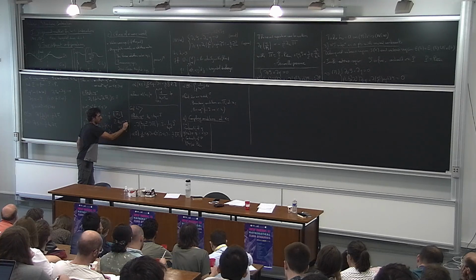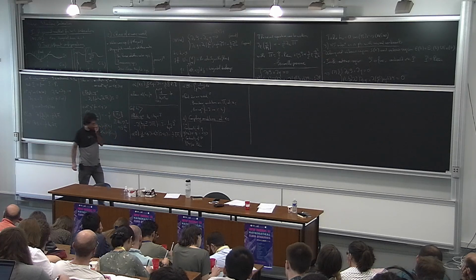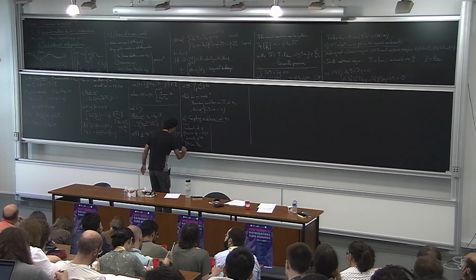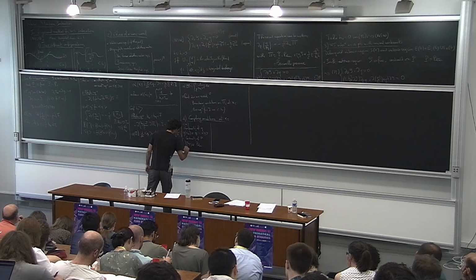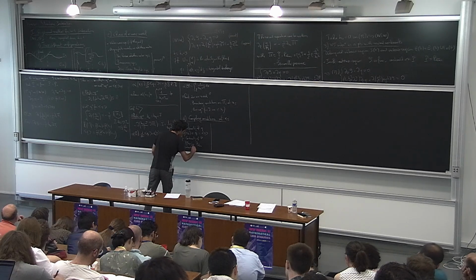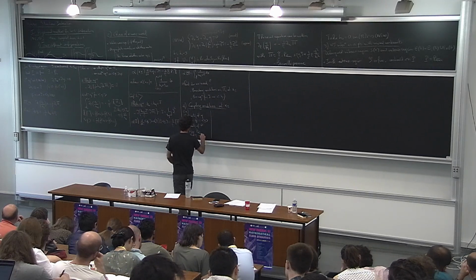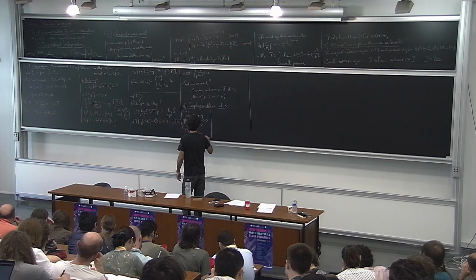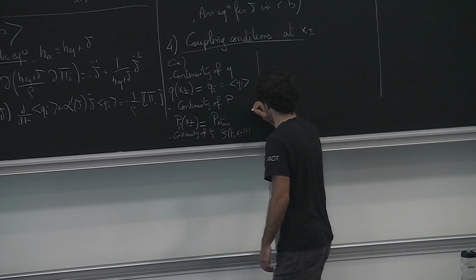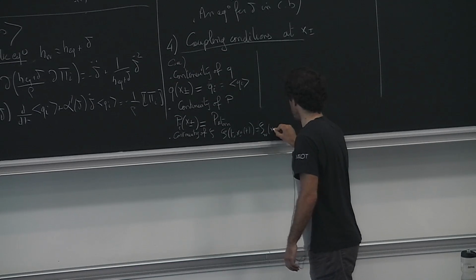This is zeta W. So at the contact point, this term vanishes. And then you have continuity of zeta. That is, you have zeta at x plus minus is equal to zeta W at x plus minus.